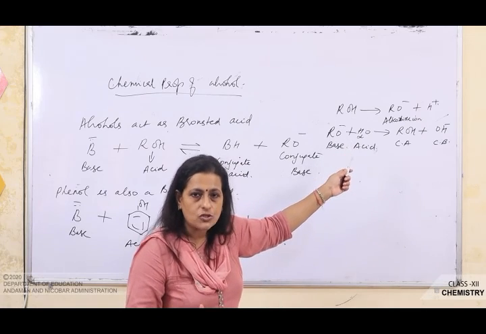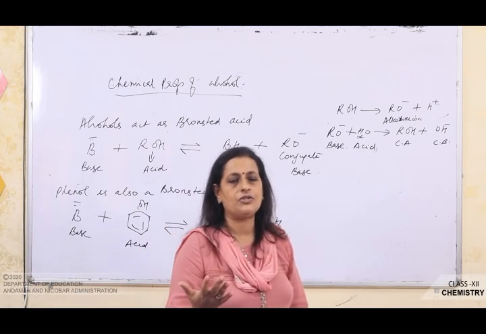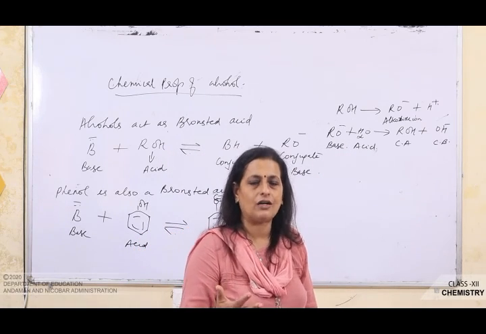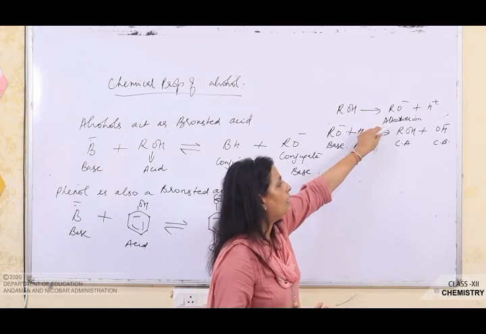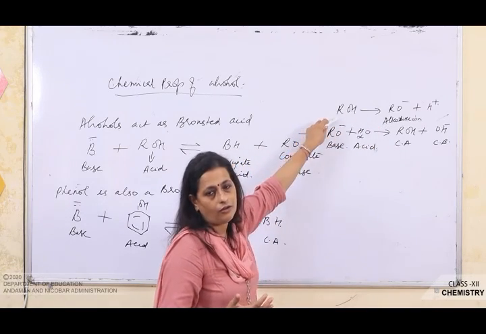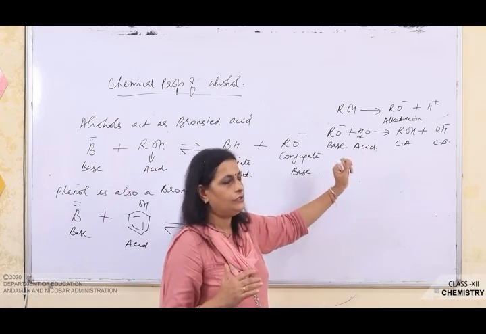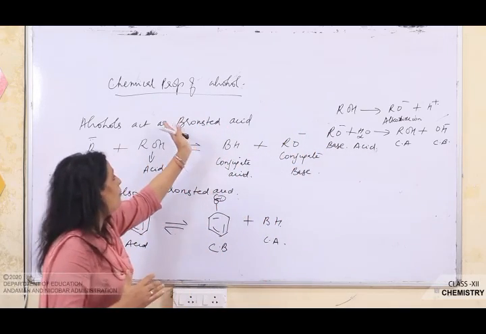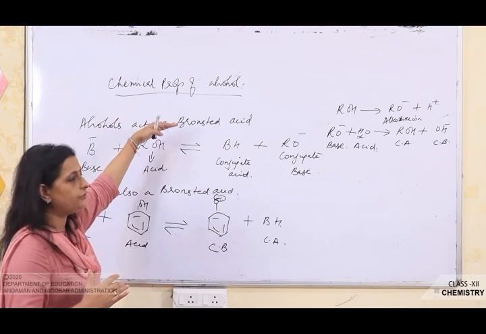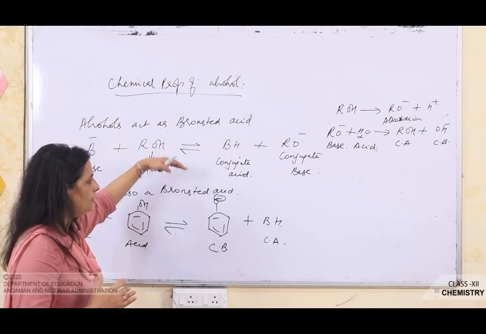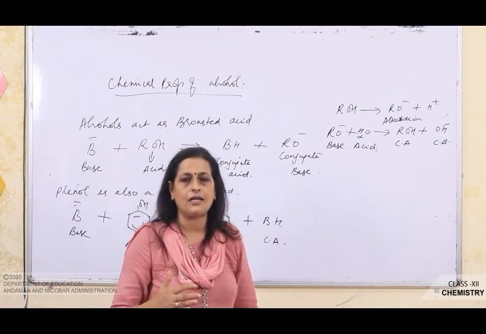So, if it is strong, its conjugate acid is weak. And who is the conjugate acid of this base, alkoxide ion? That is alcohol. So, alcohol is a weaker acid than water. So, these are the important properties of alcohol which we have discussed here. In the next class we will discuss the remaining properties.